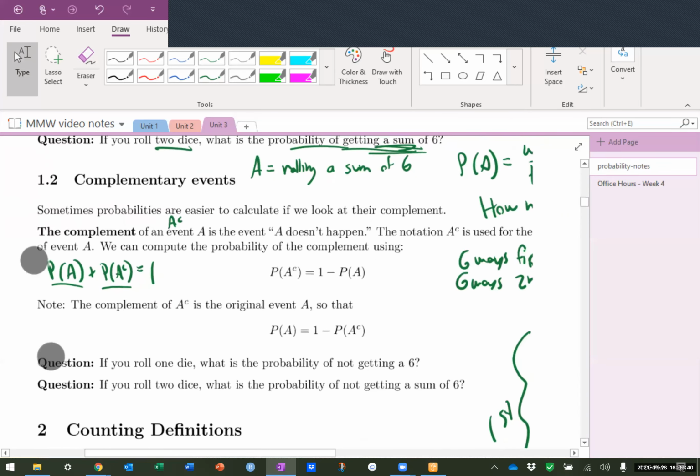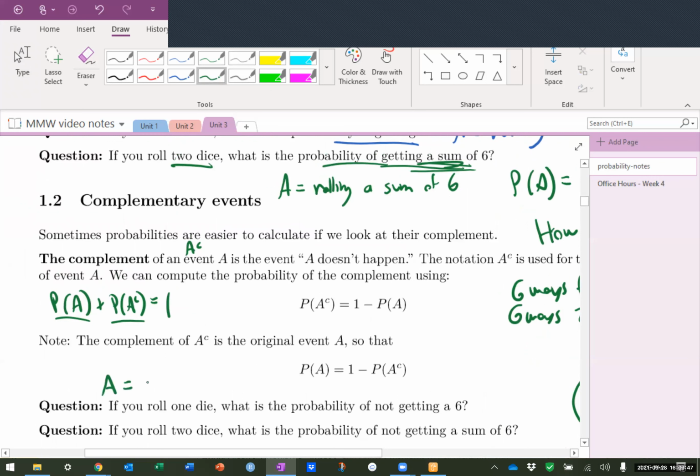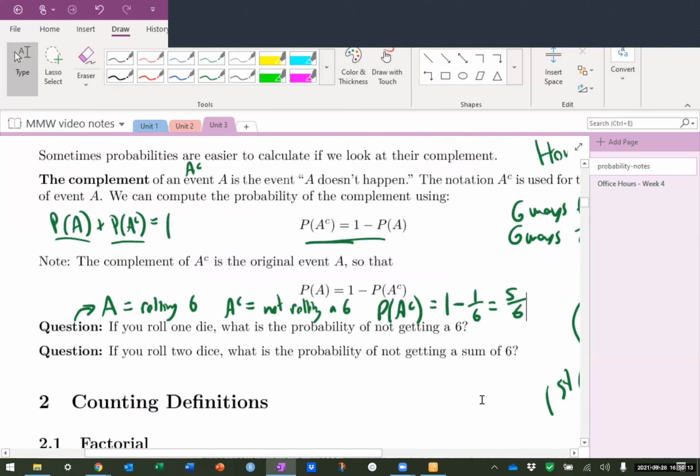What is the probability of not getting a 6? Okay, we found if A is rolling a 6 for the first example, a complement would be not rolling a 6. So we could find the probability of A complement using this rule, 1 minus 1/6, or 5/6. Or if you're rolling 2 dice, what's the probability of not rolling a sum of 6?